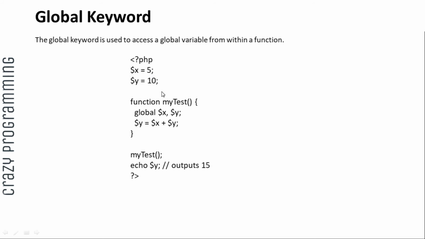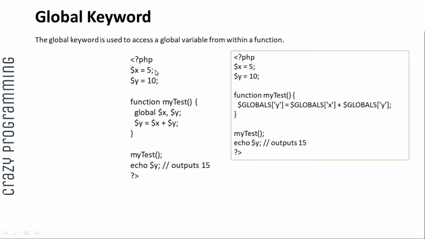We can use the variables anywhere inside the function. Now we are using y equals to x plus y, and let's see if it's working or not. We execute the function and echo $y, and as you can see in the comment, it outputs 15. 10 plus 5 is 15. So the global keyword works like that, and we are going to see every single thing in a practical way in the next video.